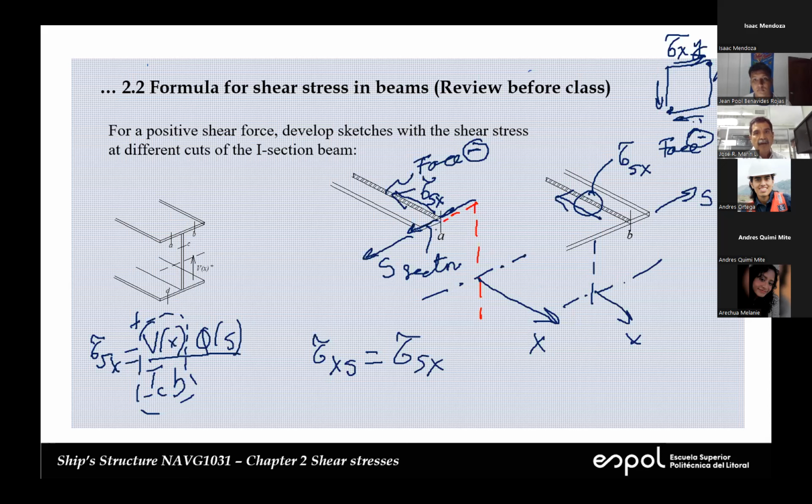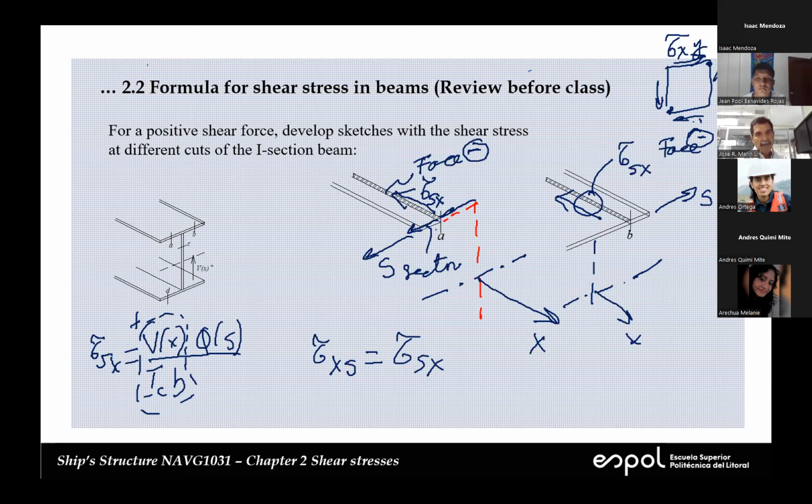So this is tau Sx. And this has to be positive because again, to evaluate this, we have the same formulation. In the open position, Q of S is also positive because the vertical distance from the neutral axis to the centroid of this sector is positive. So all of this will give us a tau Sx positive.